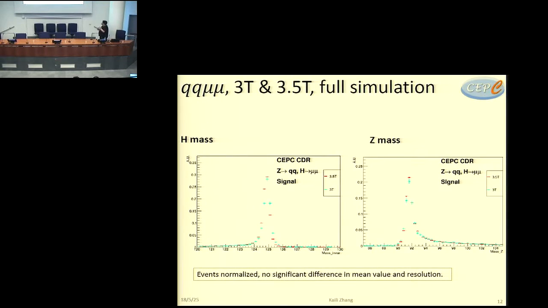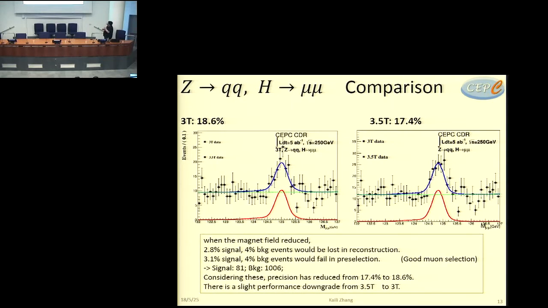And here we do a simple comparison of 3 Tesla and 3.5 Tesla for the qqμμ process. We can see the Higgs mass plot and the Z mass plot are shown here, and the events are normalized. So here we can see there is no significant difference in the mean value and the resolution. And for the processing, we can see that when the magnetic field is reduced, some events are lost in reconstruction or fail in the pre-selection.